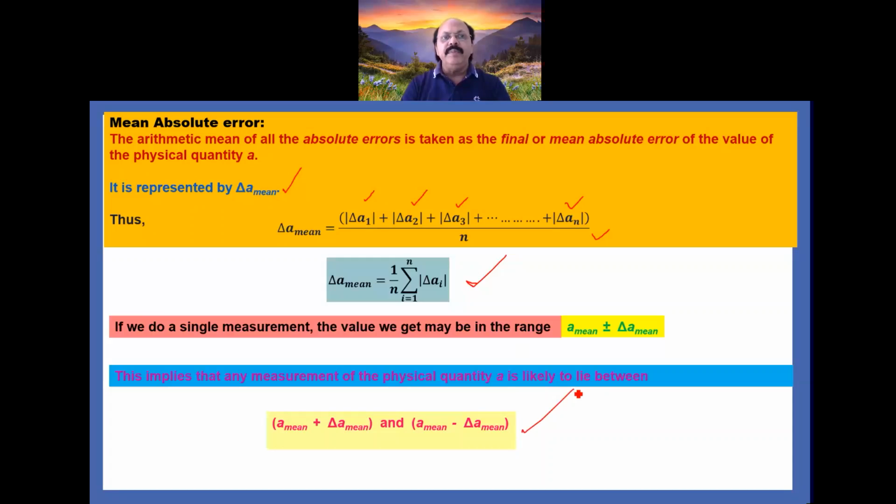So this is about mean absolute error, and the single measurement can be written with its range as A mean plus or minus delta A mean.